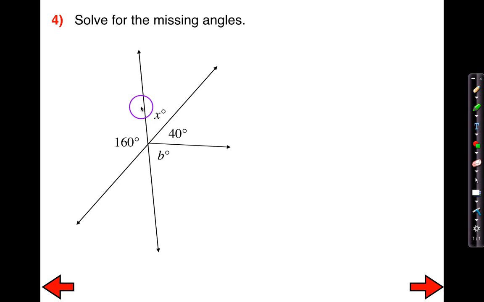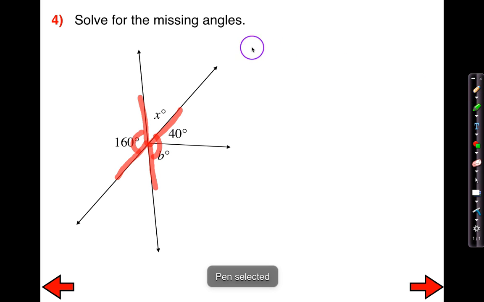So first, I'm recognizing that there's no way I can figure out what angle X is. However, there is a way to figure out angle B. How? Well, I see that this angle here of 160 degrees is vertical angles with this 40 and B, which means these angles are congruent.